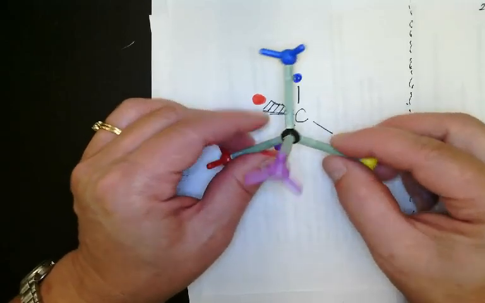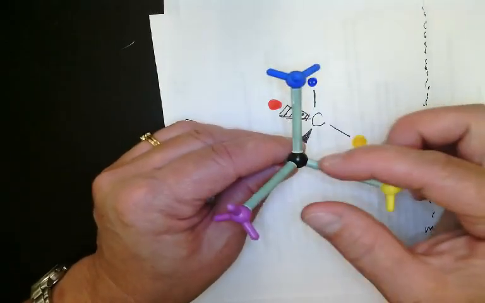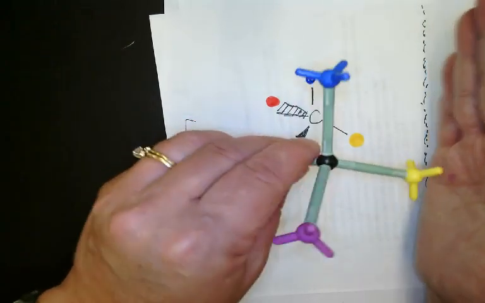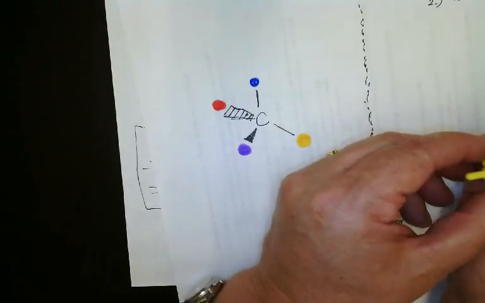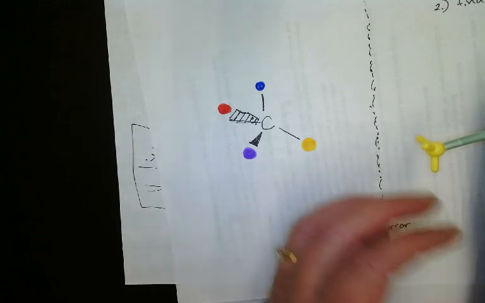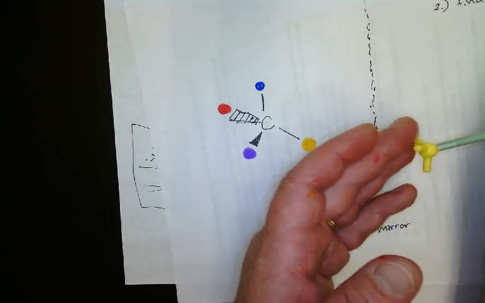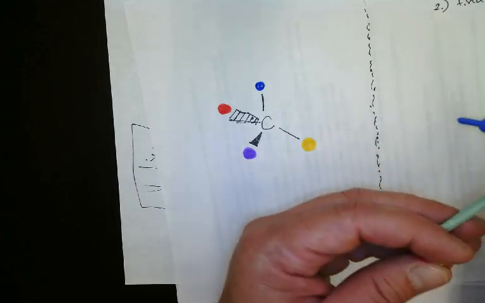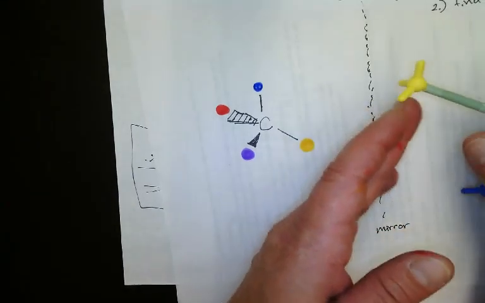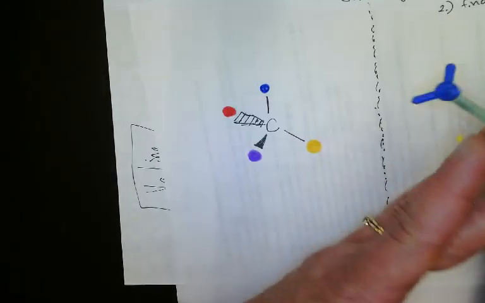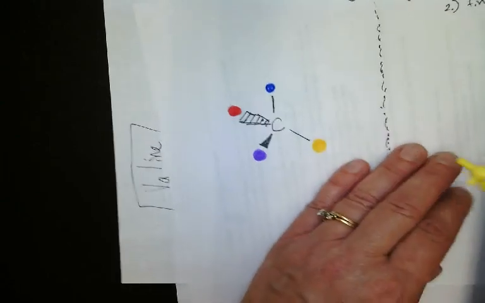Okay, let's keep track of this. This is flat on the plane. What would the mirror image of that be? I would roll it, right? Like that. Or would it be this? Or would it be this?